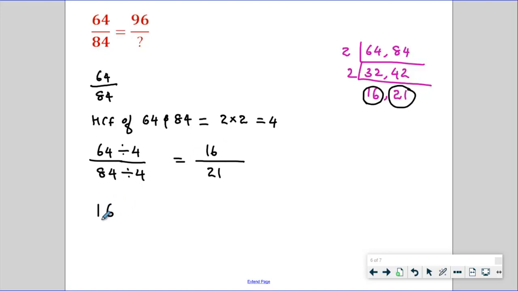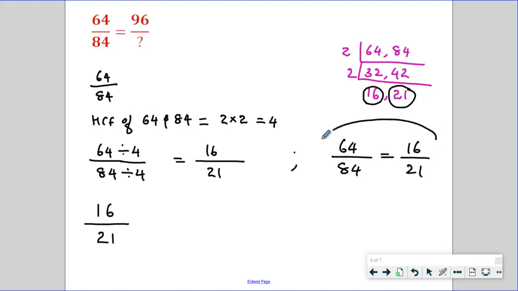So instead of 64 by 84 you can write 16 by 21, because these are equivalent fractions, and we are dividing by the same number.